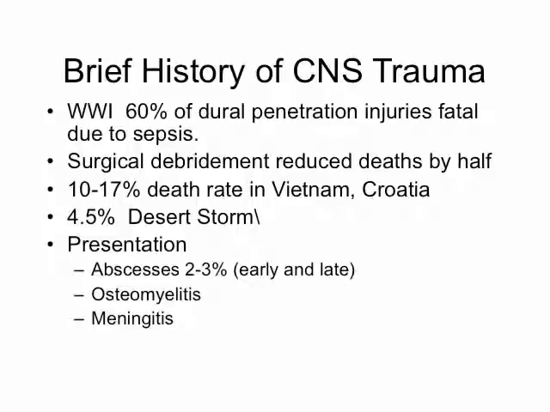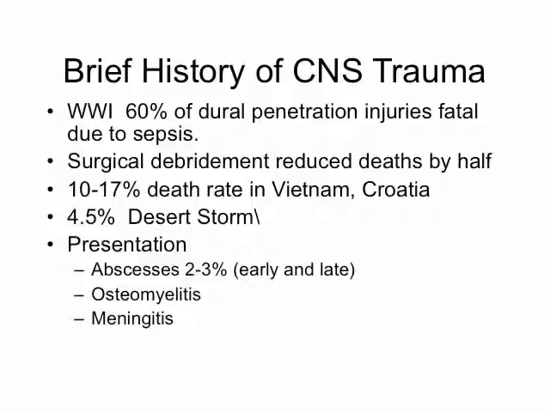So just a brief history of CNS trauma. It's obvious that since the beginning of time there's always been a war, and there's always been brain trauma. This really didn't become a topic of medical review until about World War I, when there were several articles published discussing management of open head wounds.